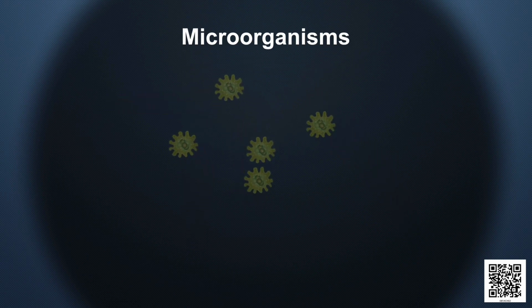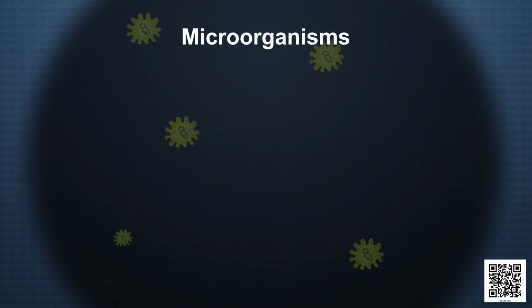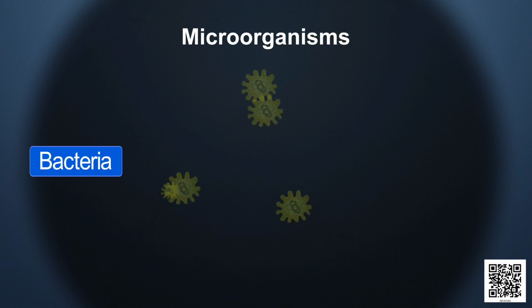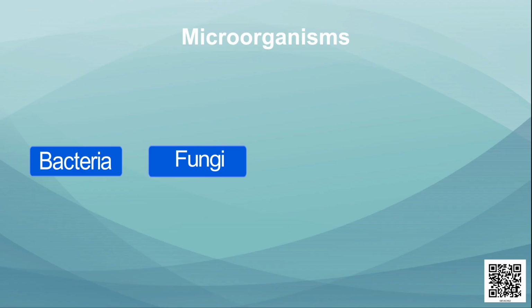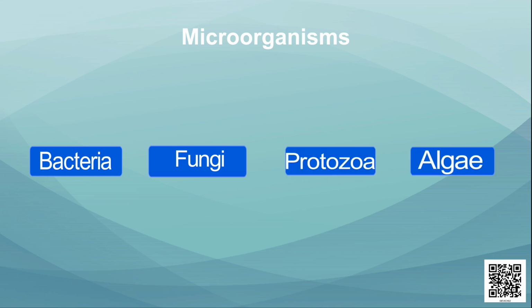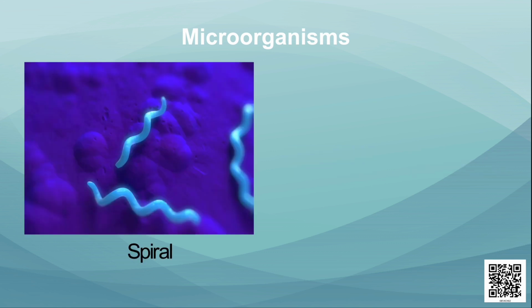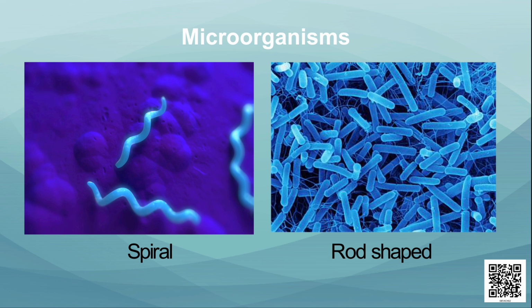Microorganisms are classified into 4 major groups. These groups are bacteria, fungi, protozoa, and some algae. Examples of bacteria are spiral bacteria and rod-shaped bacteria.